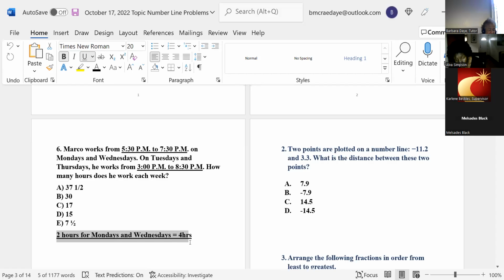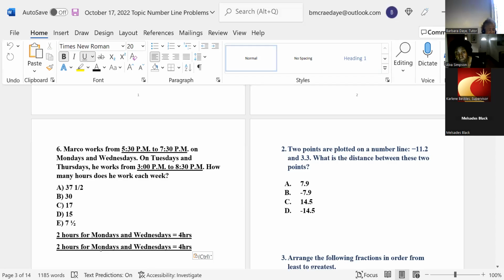You see where you made your error? Yeah. Okay, so let me just copy that. So that's 5½ hours. That would go here. And that's for Tuesdays and Thursdays, right? Yes.